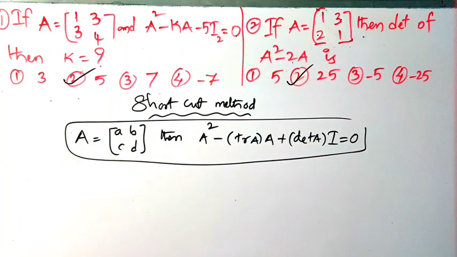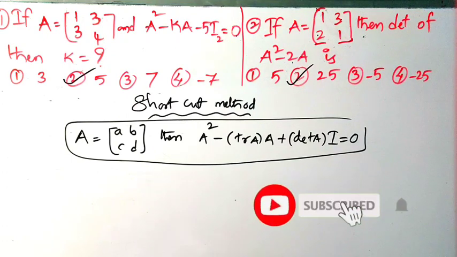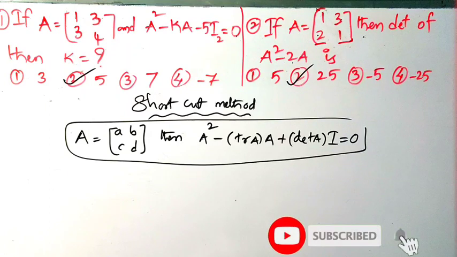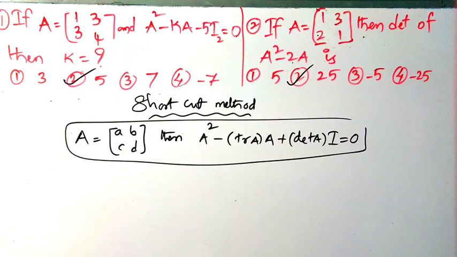For any square matrix, this condition is possible. Clear? So what is the condition here? A square minus trace of A into A plus det A into I equals 0. So the given two problems we will also solve by using this method.